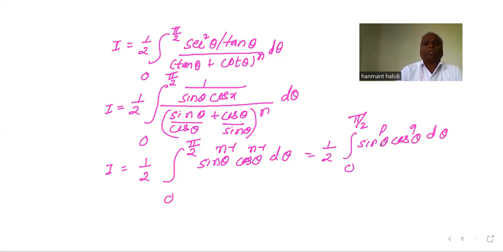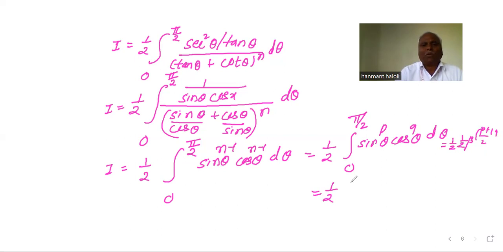Then we can convert this into a standard integral formula, into the beta function, and using beta properties this becomes 1 by 2 into 1 by 2 beta of (p plus 1) upon 2 and (q plus 1) upon 2. That formula we are going to use here.